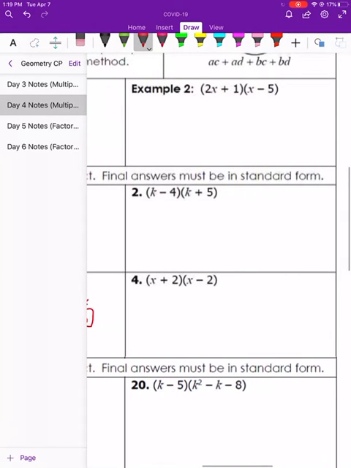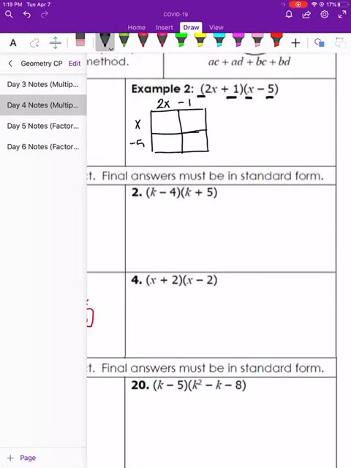So now I'm going to go up here to example 2. Again, 4 terms: 1, 2, 3, 4. So I'm going to draw my box. I'll put 2x minus 1 on the top, and I'll do x minus 5 on the bottom. I have a green box, a yellow box, a blue box, and a pink box.